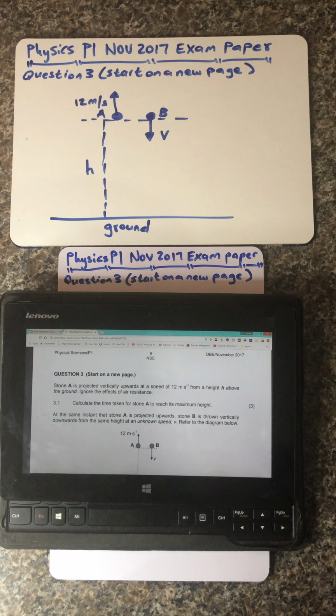In most cases you're advised to start each question on a new page so that it's easy to mark your answer sheet, and it makes your answer sheet neat.